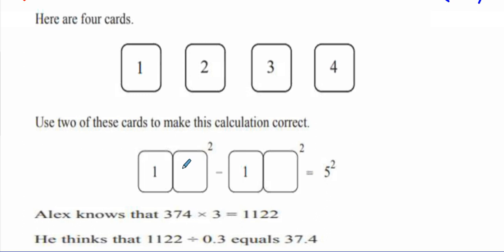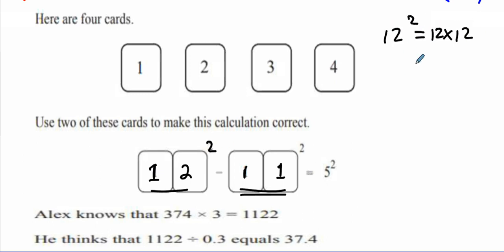Suppose we put 2 here, so this will become 12. And suppose we put 1 over here, this will become 11. Now, what is 12 squared? 12 squared means 12 times 12, and 12 times 12 is 144.